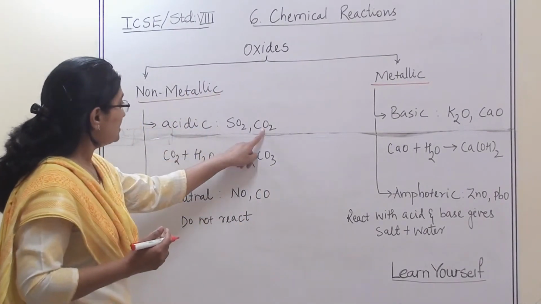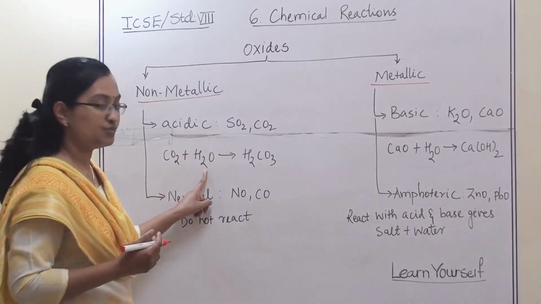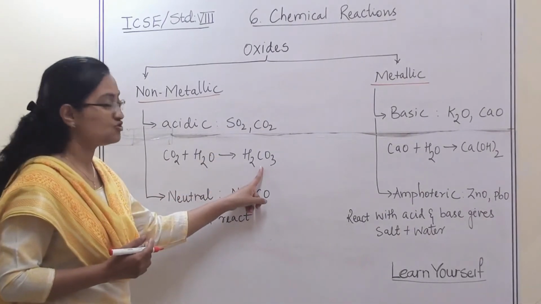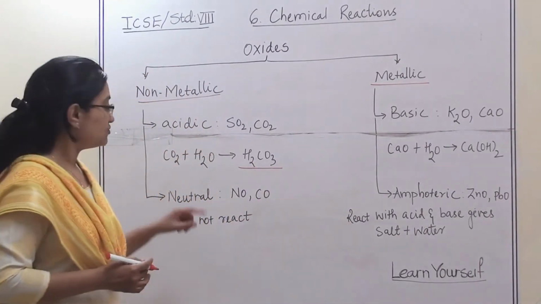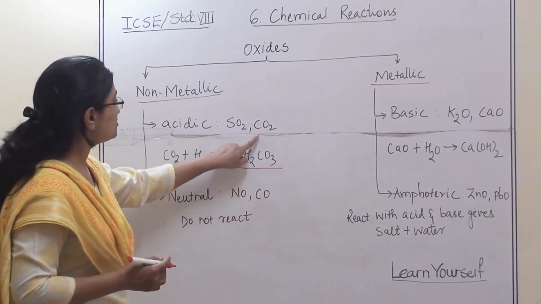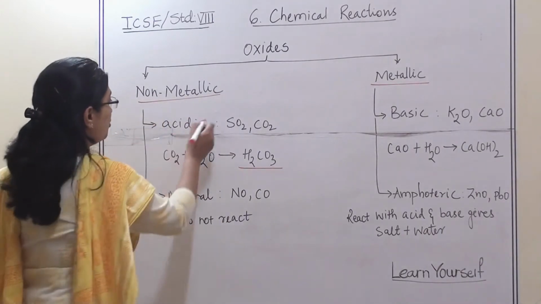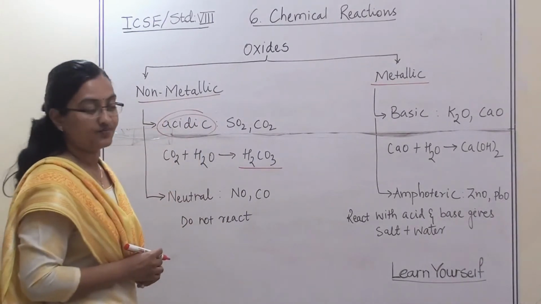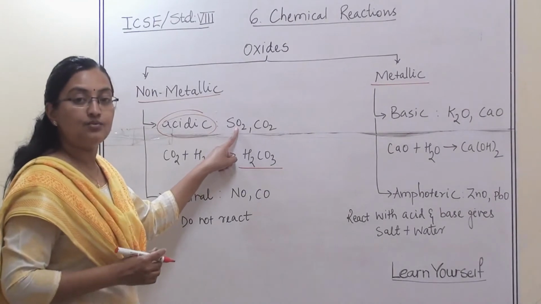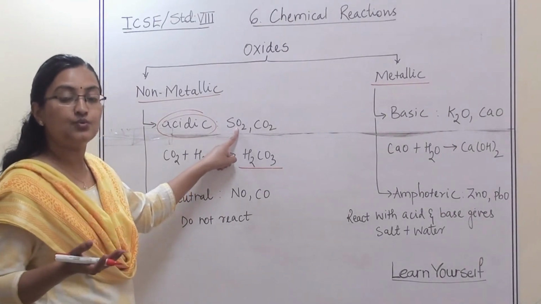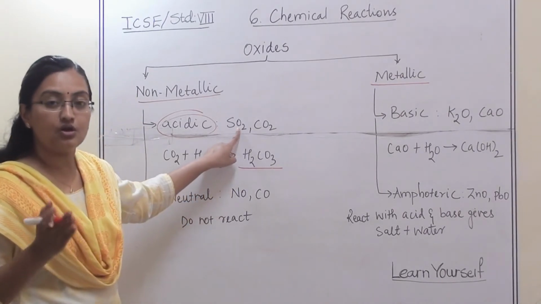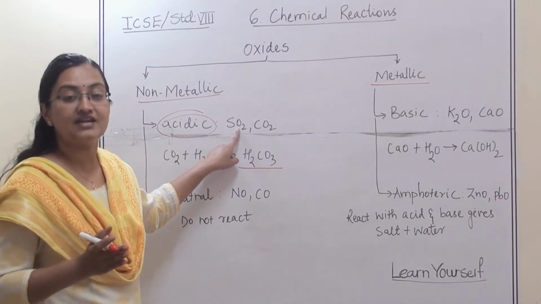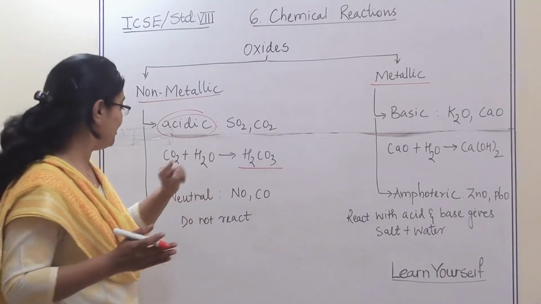So when carbon dioxide reacts with water, it gives us H2CO3. This is carbonic acid. So that's why the oxides of non-metals are always acidic. When sulfur dioxide reacts with H2O, it gives us sulfurous acid or sulfuric acid. So non-metallic oxides will always give us acid.